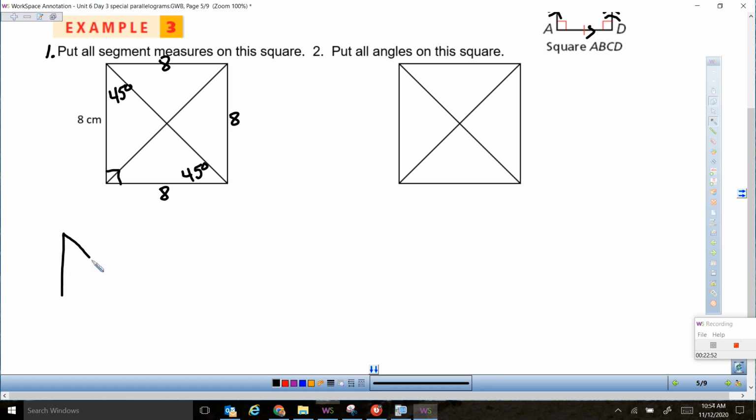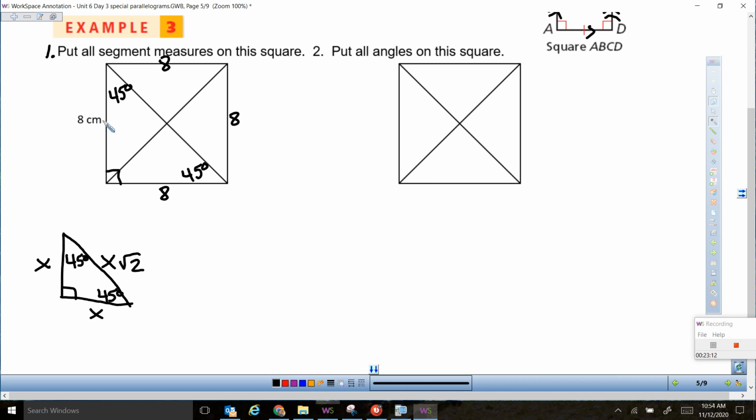And on our last unit with SOHCAHTOA, we had that formula sheet for the 45, 45, 90 triangle. And off of that formula sheet, we said that the legs were x, and the hypotenuse is x square root of 2.